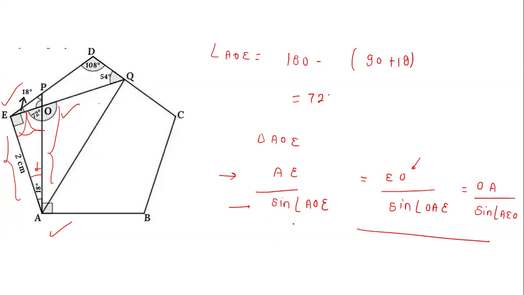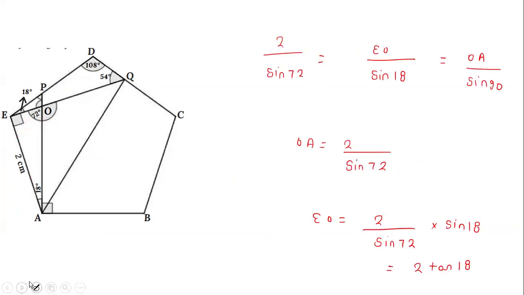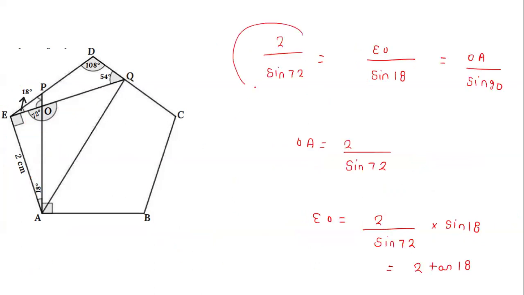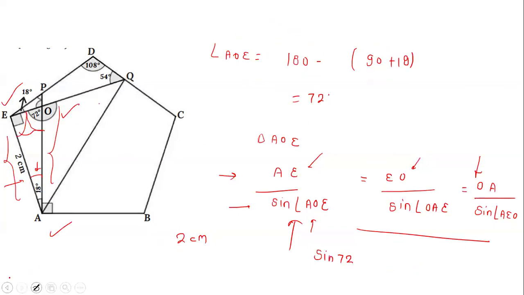So now if we equate these, first of all, AE length we know, since it is a regular pentagon, this side is 2 centimeters. We can put the angle AOE as 72, so this becomes sine of 72. And then we have EO divided by the sine of angle OAE.